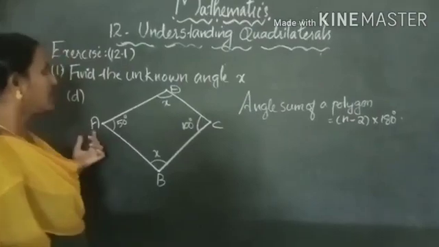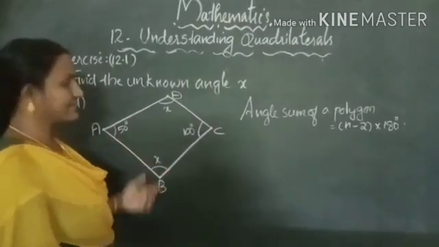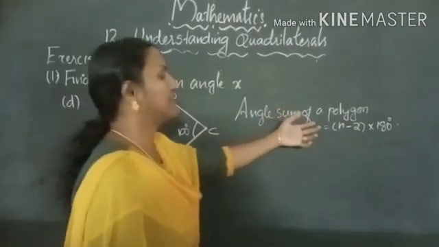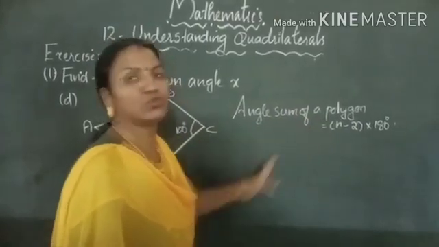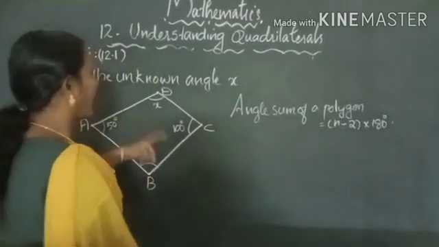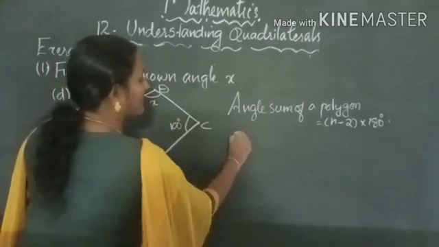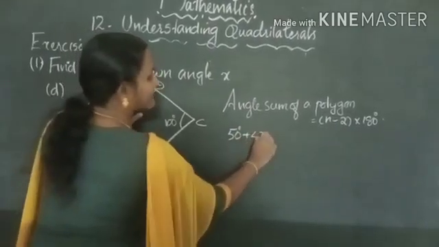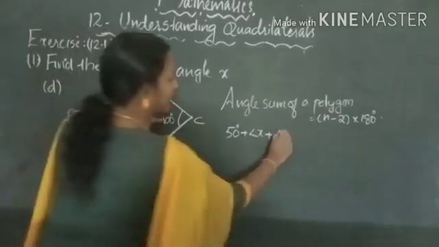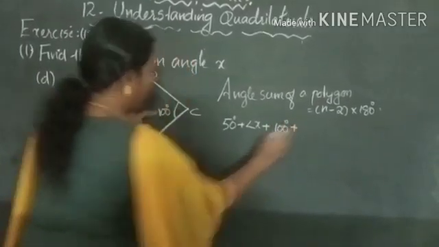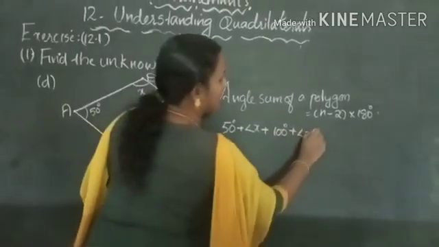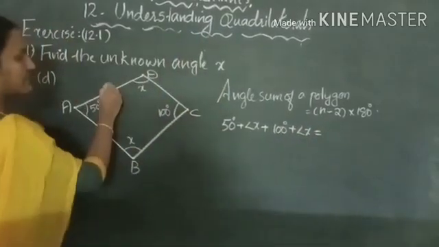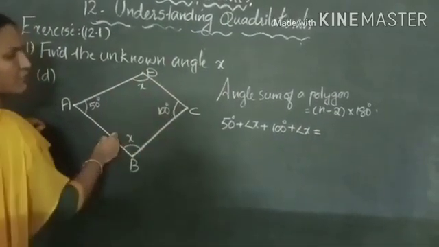Next, option D, you have to find the unknown angle x. You know, the angle sum of polygon is n minus 2 into 180 degree. So add all the angles. 50 degree plus angle x plus 100 degree plus angle x is equal to, get the number of sides, 1, 2, 3, 4. 4.